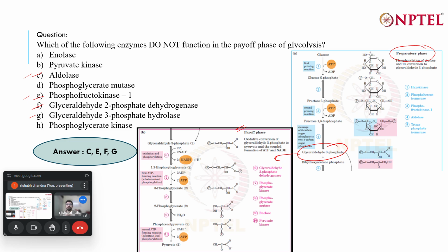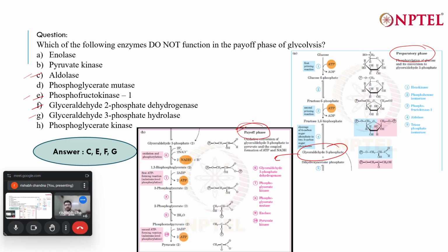In the first phase, ATP is involved, and in the second phase, the energy is released. So this is the payoff phase.